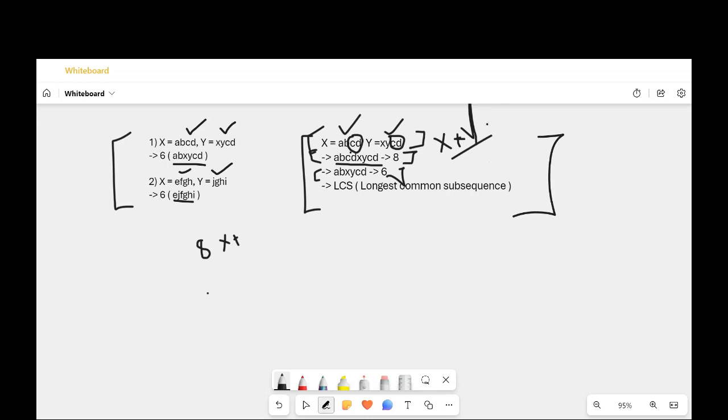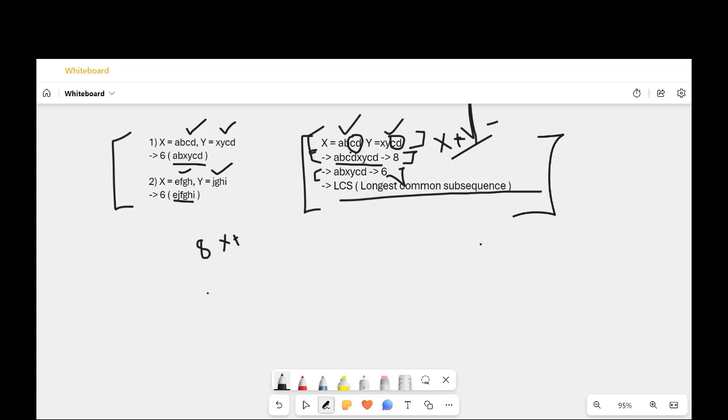After that we need to subtract one instance of the LCS, or longest common subsequence, that is present in both of them. What exactly is the longest common subsequence, you should be familiar with it before coming to this video, because this is a very similar problem to LCS.